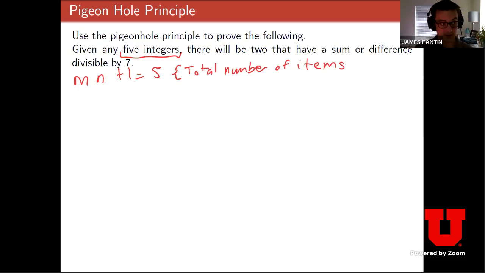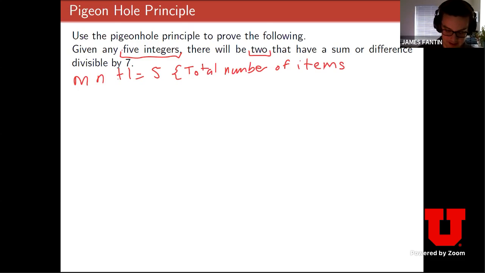And then the other value to pay attention to in this problem is that we have 2 items that are going to have a sum or difference divisible by 7. So we're saying that at least 2 objects are going to have this property. What formula will we use from the pigeonhole principle to express that we're going to have at least 2 objects that fit in one of these boxes?